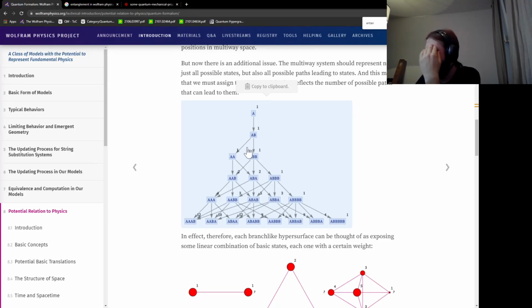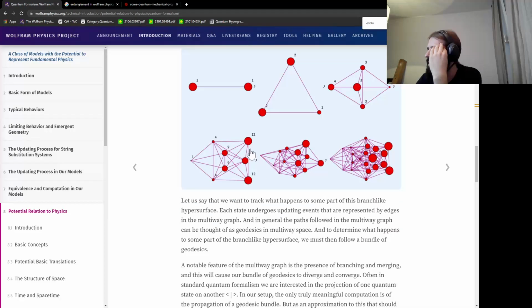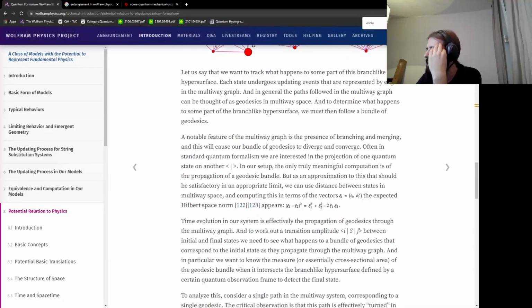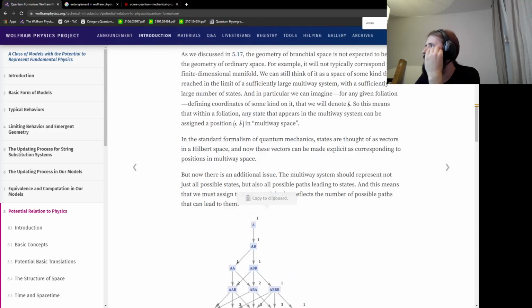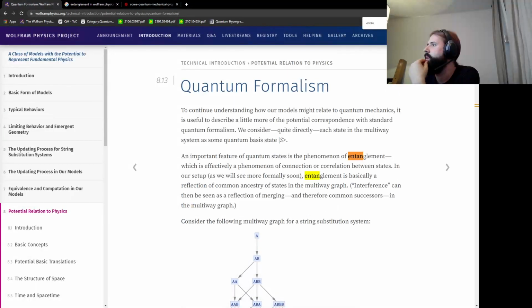Especially because I still can't understand how this is mapped to basis states, right? Each state in the multiway system has some quantum basis state S. That's what it says here, quantum basis state.